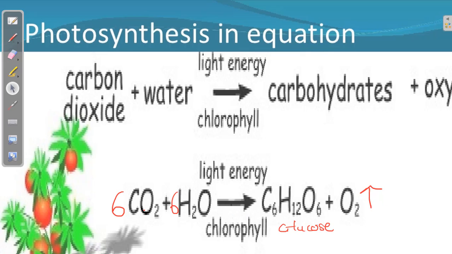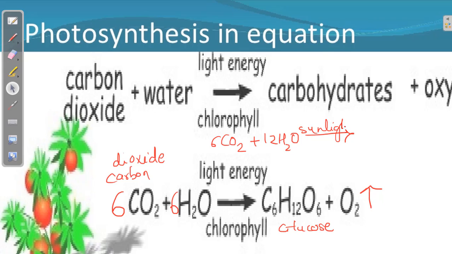What is CO2? The first raw material, carbon dioxide. What is H2O? Water. What is C6H12O6? Carbohydrate, and finally oxygen.